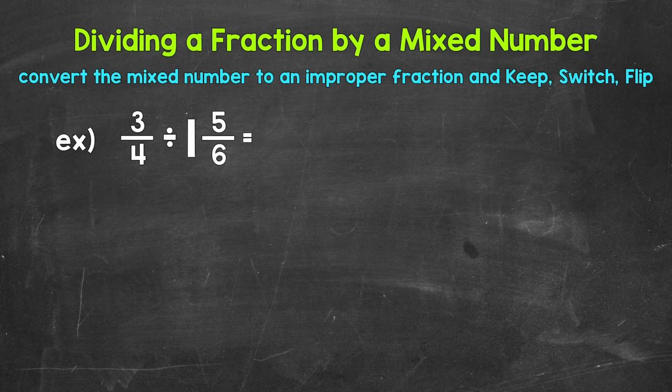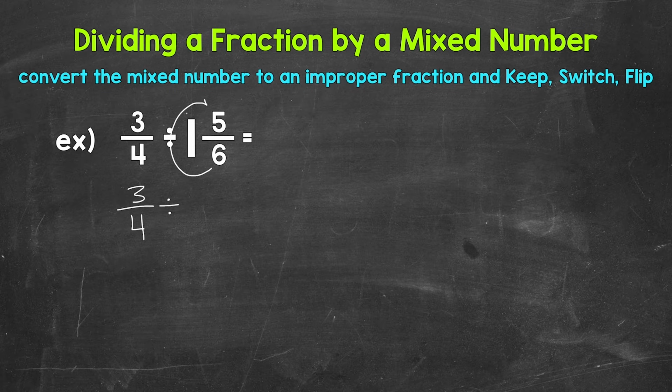That way we just have numerators and denominators, and we can go through our steps, keep, switch, flip. So let's rewrite this problem. We have 3/4 divided by, and then as far as 1 5/6, let's convert this to an improper fraction.